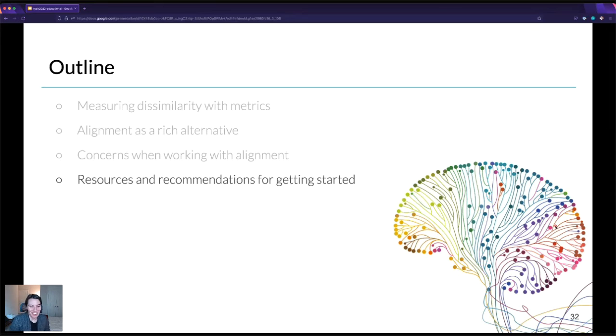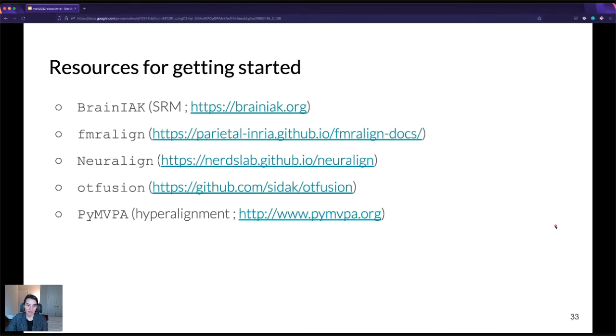Okay, perfect. So looking at the time, let's say that you would like to get started with alignment. How could you go about getting started? First, a lot of people have very kindly shared code for different ways to do this using different kinds of data types.